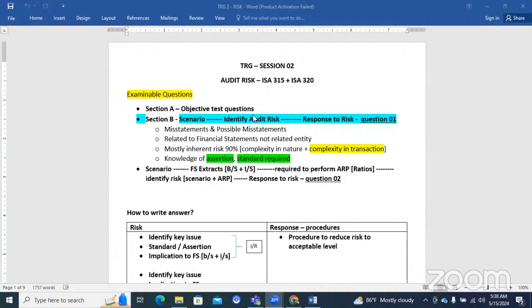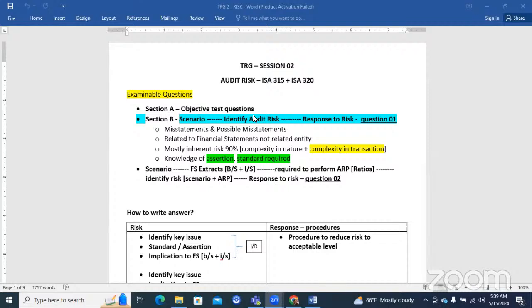IAS 16 clearly says initially an asset should be recognized at cost. Subsequently, it can be measured at either cost or revalued amount. So revaluation is permitted, but whether we are doing the revaluation properly or not, that is the problem. There is a possibility the revaluation may not be correct. That is what we call possible misstatement.